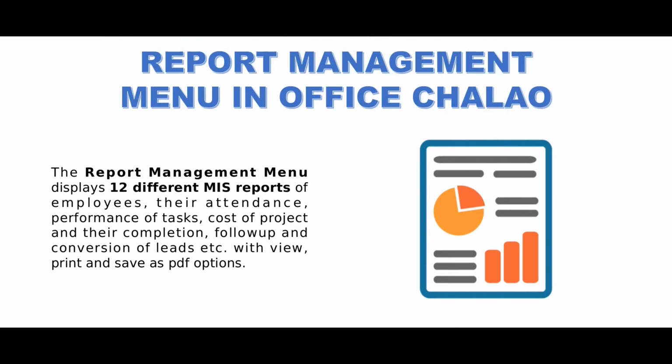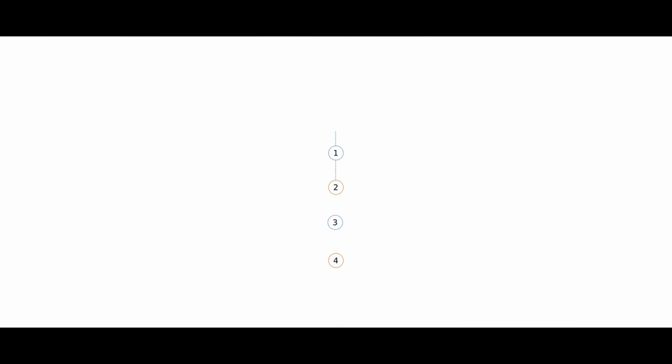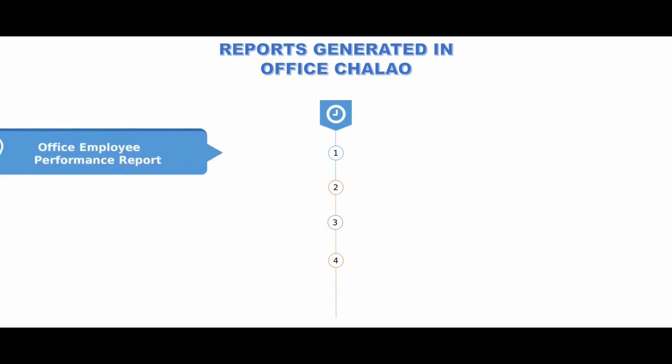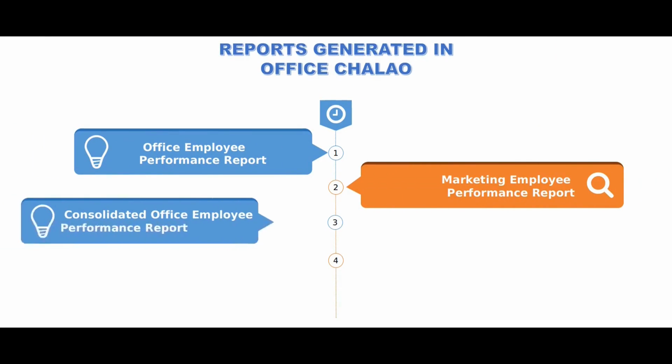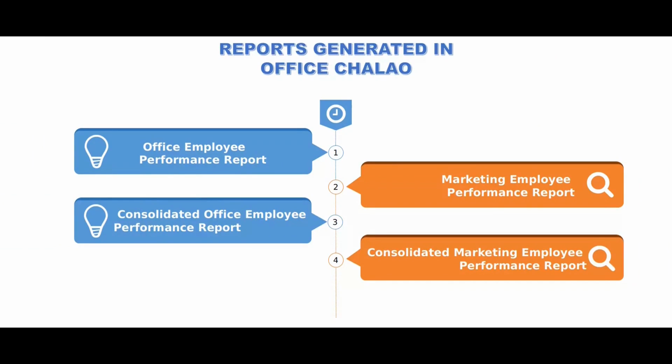Different types of HR and MIS reports are available, which are: Office Employee Performance Report, Marketing Employee Performance Report, Consolidated Office Employee Performance Report, Consolidated Marketing Employee Performance Report.